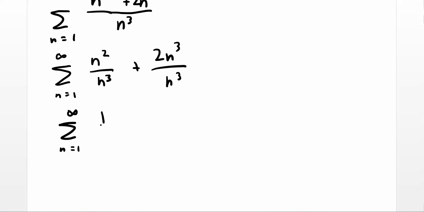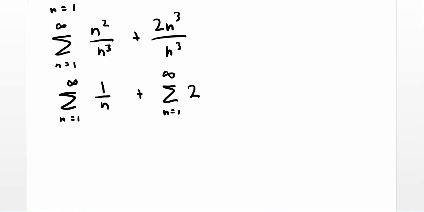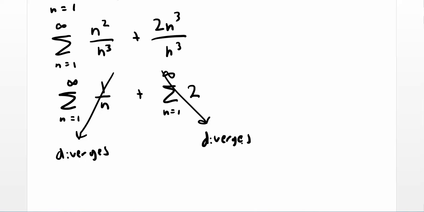A series of 1 over n plus a series of 2. So this diverges because it's a harmonic. And this diverges, of course, because you're adding up 2 infinite times. Just 2 plus 2 plus 2. Obviously that never converges. Therefore, our series diverges.